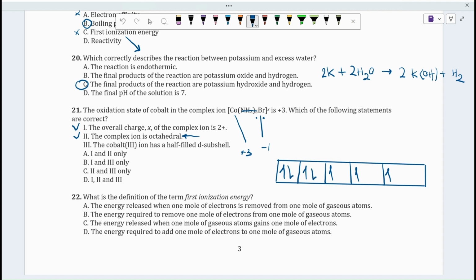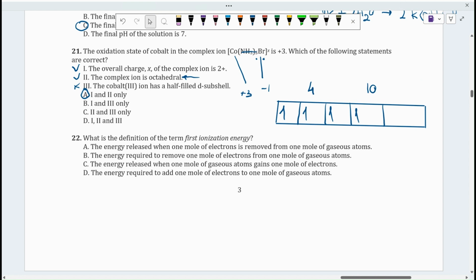If we remove 3, we have 4 electrons. That is not a half-filled d subshell. A d subshell can hold 10, so we would need 5 for that to be correct, which means that will be A.